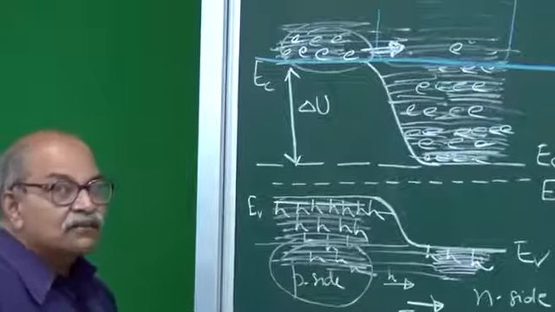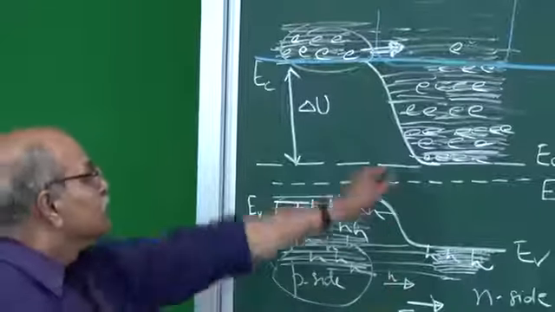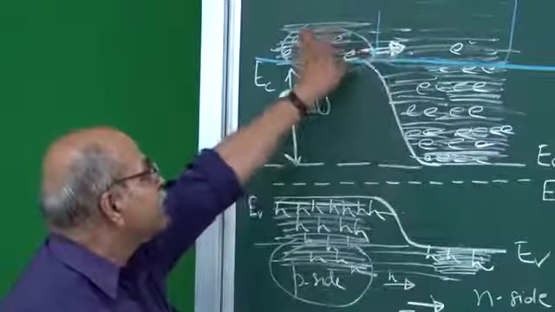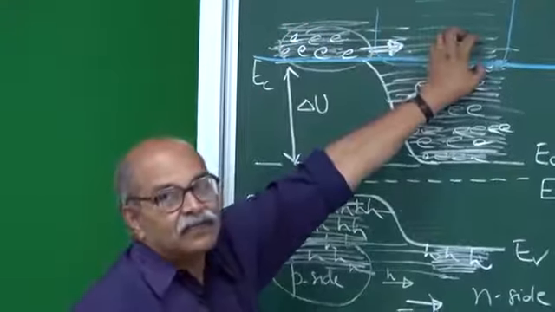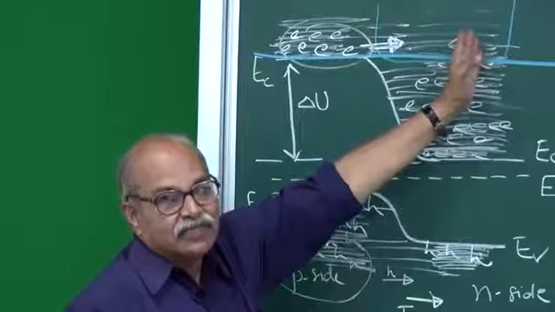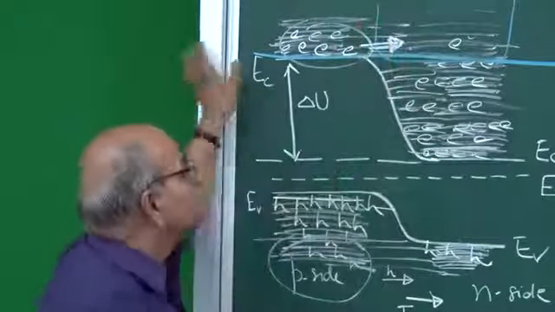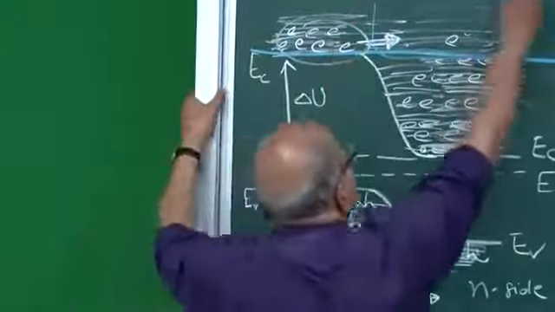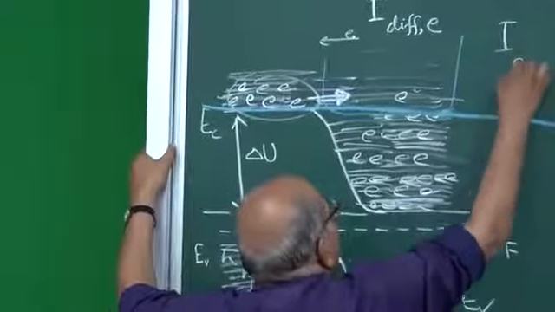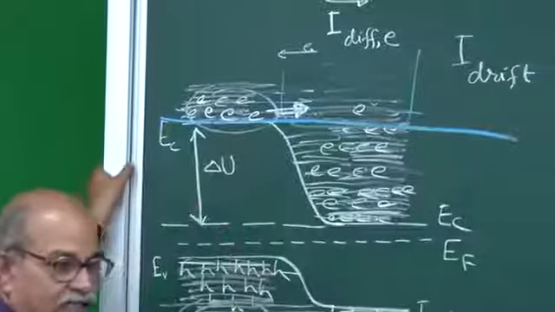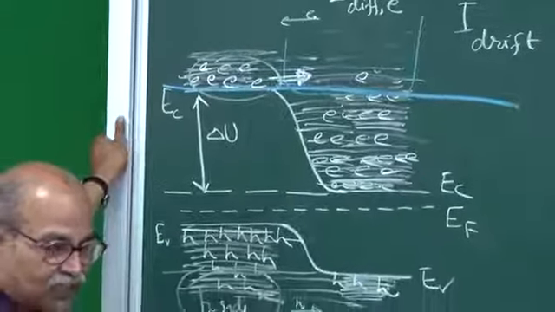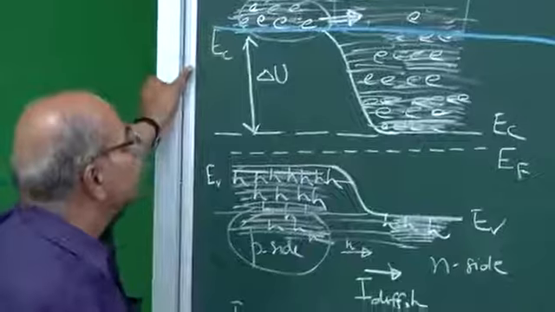And what is the direction of that current? The electric field is taking these electrons from p side to n side, and therefore the direction of current will be, in this picture, from right to left. So because of this, you have a current which we call drift current. Anything that is in the influence of this electric field is known as drift.